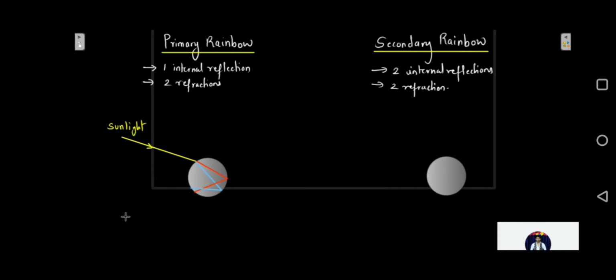So this ray of light would come out like this, and this will be another ray of light which will come like this. Let's mark the arrows. So there will be two refractions happening and one internal reflection happening over here.